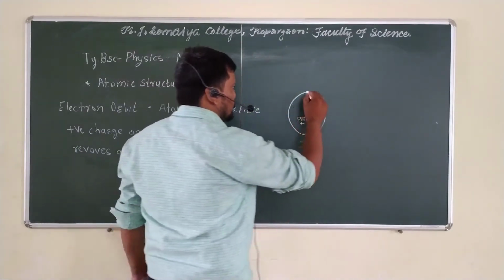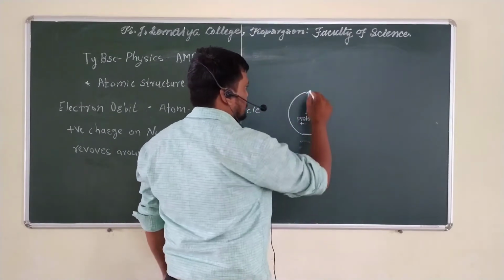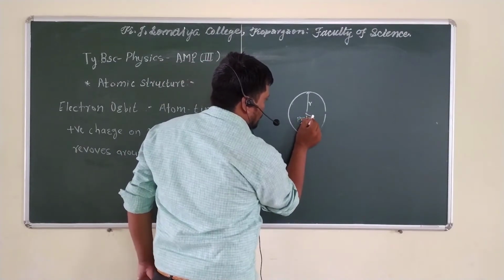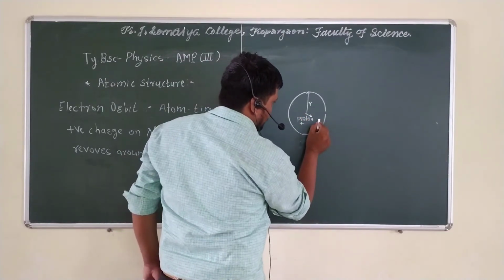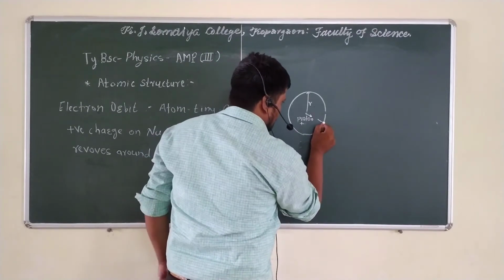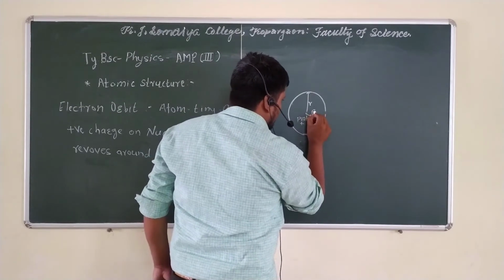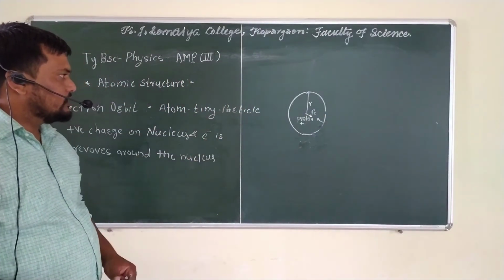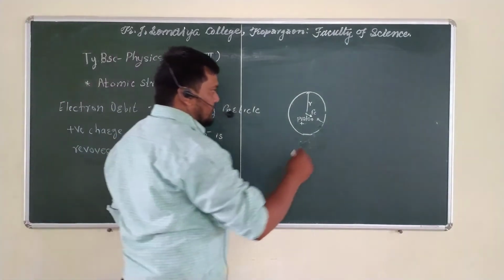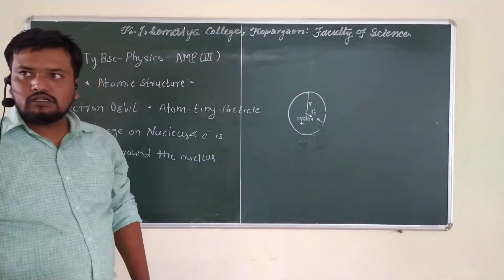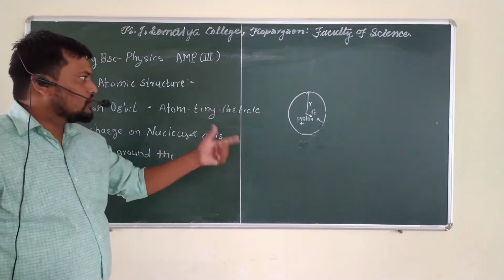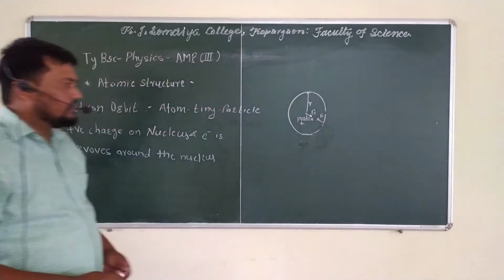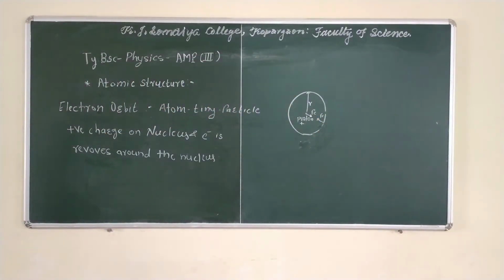In the outermost shell the electron is present. The force acting between the nucleus and the shell is Fe, the Coulomb force of electrostatics, and the centripetal force acting on the electrons revolving around the nucleus is Fc. Okay, so you know the idea.